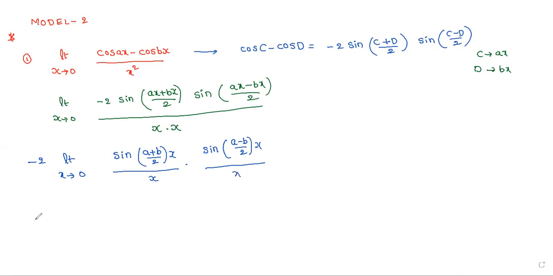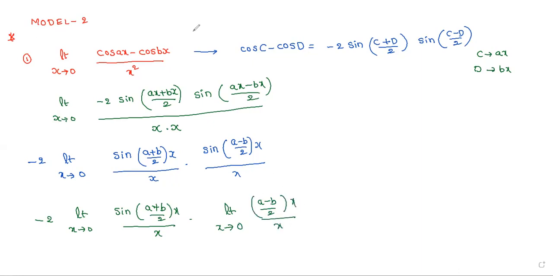So apply the limit on both sides. Limit x tends to 0, sin of (a plus b) by 2 into x by x, and limit x tends to 0, (a minus b) by 2 into x by x. What is the formula? Limit x tends to 0 of sin ax by x is equal to a.